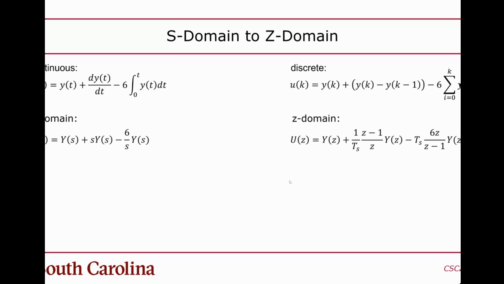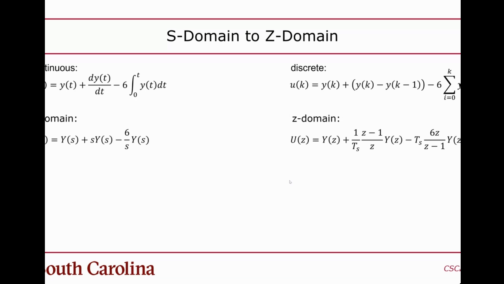If you can abstract out the Ts, if everything is in units of clock cycles or whatever your sample time is, that works, but this is the formalized way that you would do the conversion. You multiply by 1 over Ts, and then for the integral, or in this case the summation, that would become z over z minus 1 times y of z.